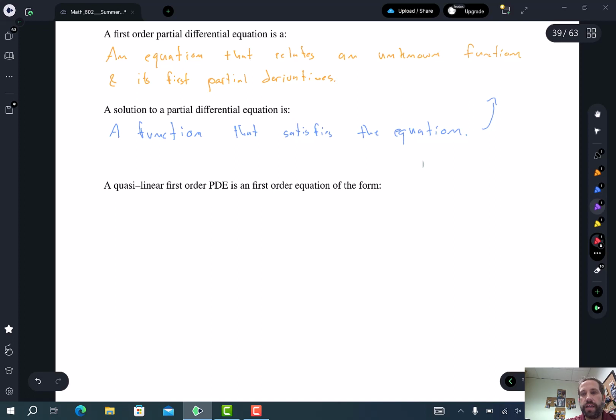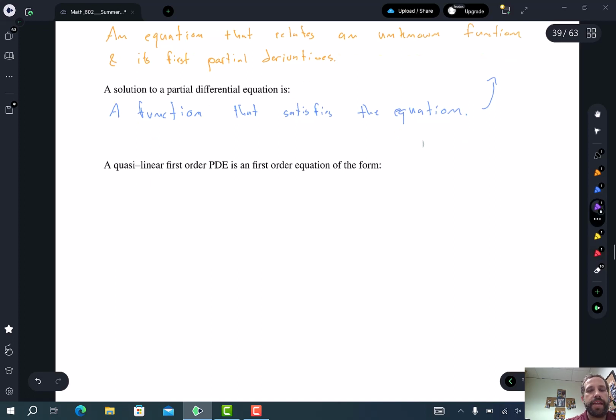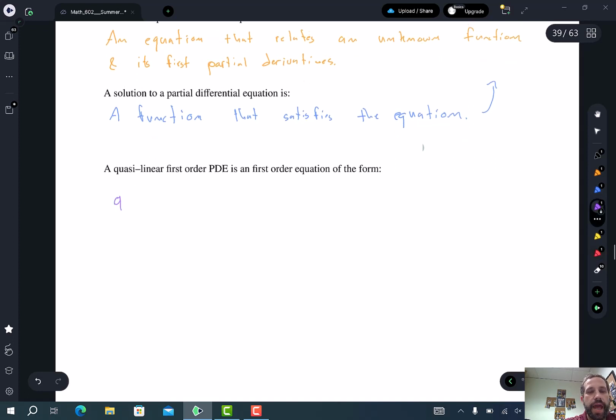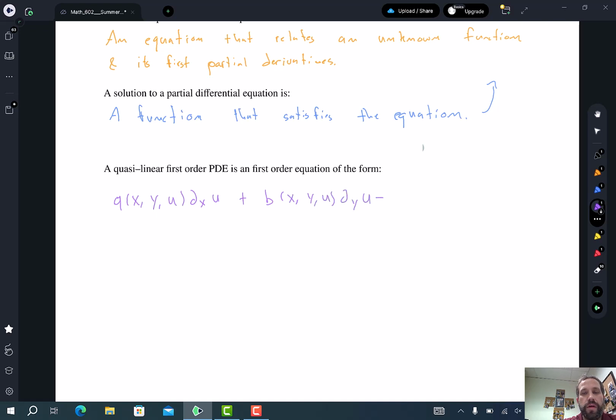Okay, so a quasi-linear PDE is a PDE that has this particular form: a of x, y, u, it could be x, t, u, it's just going to be independent variables, it could be even more than two independent variables, times the x derivative of u plus b of x, y, u times the y derivative of u is equal to some other function c of x, y, u.